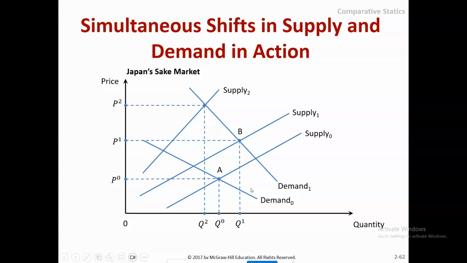So we can tell one thing: whenever demand increases and supply decreases, the only conclusion we can get is that price increases. How quantity changes is undetermined. We need more information, like the magnitude of the shift and the elasticity of the curves.